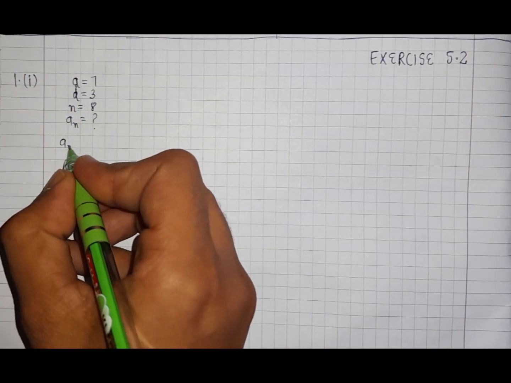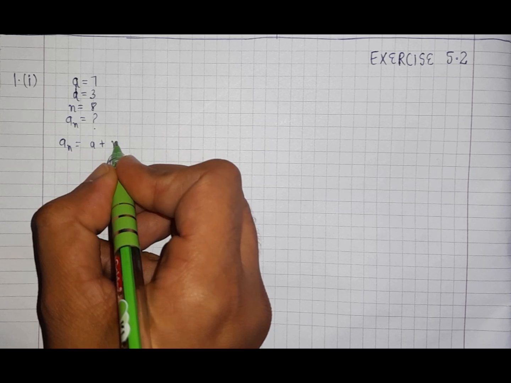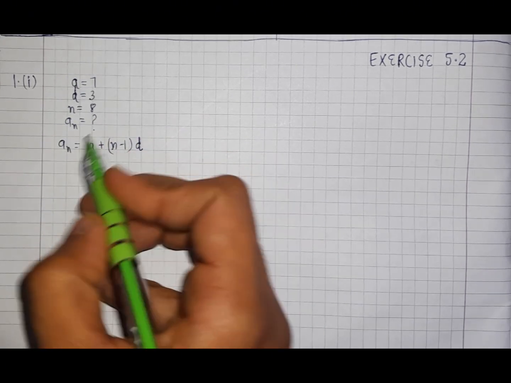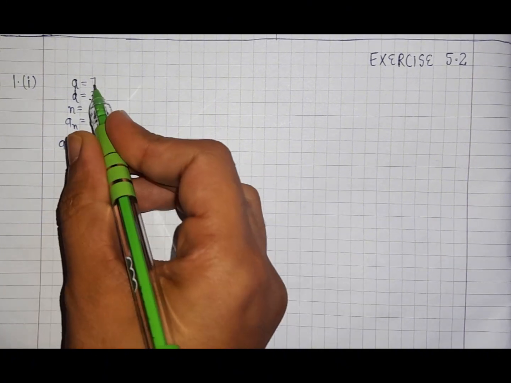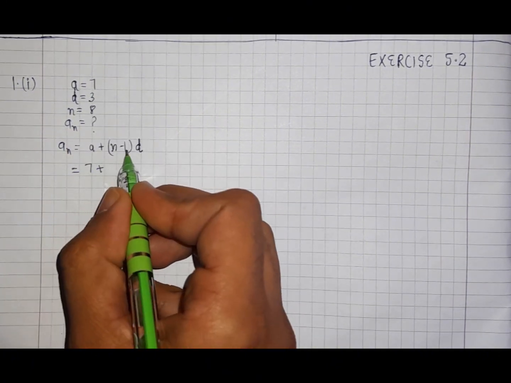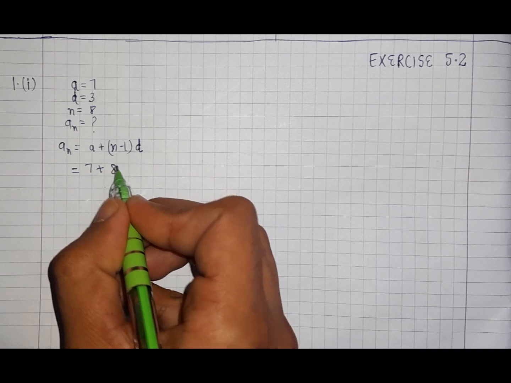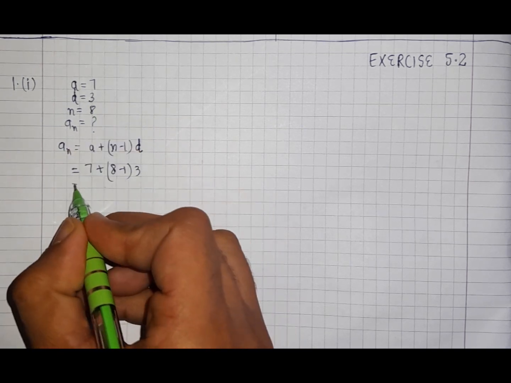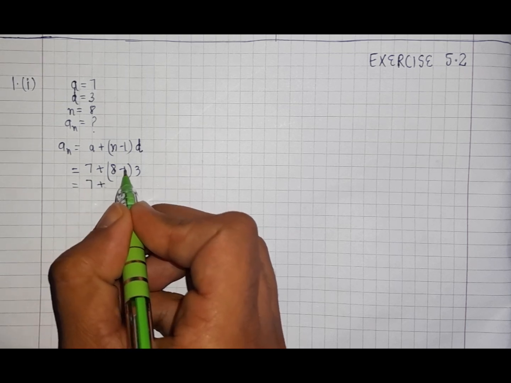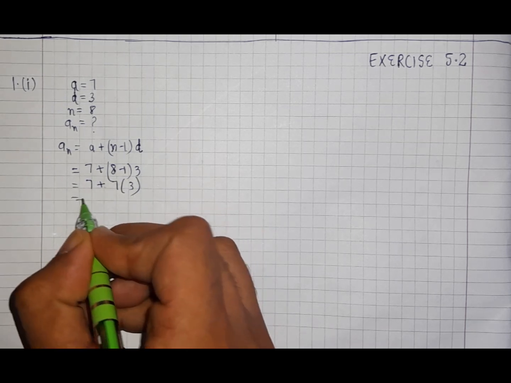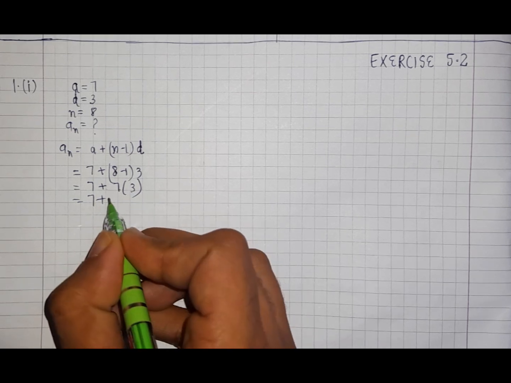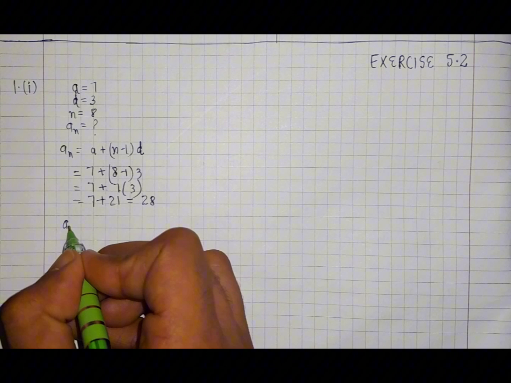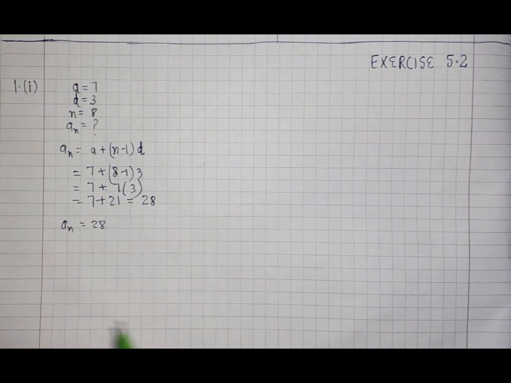Since an equals a plus (n minus 1) into d, after putting these values in this formula we have an equals 7 plus (8 minus 1) into 3. Next, 7 plus 7 into 3, 21. 21 plus 7 equals 28. So an equals 28.